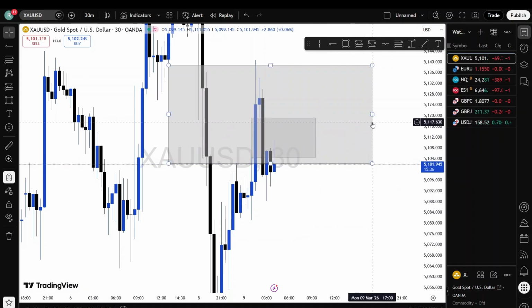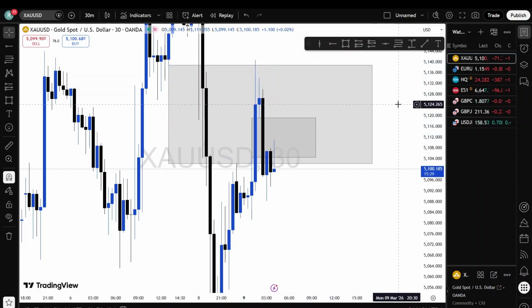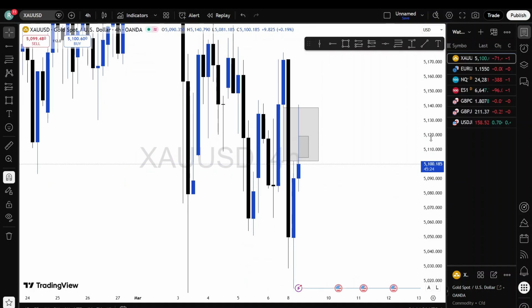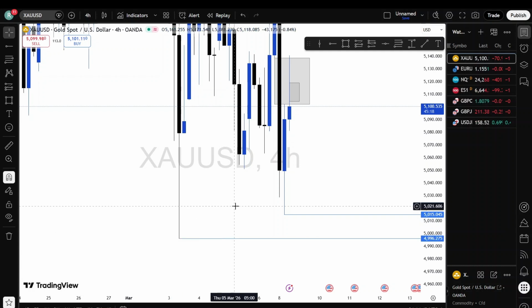If you see in gold, you could argue that I'm not taking selling trade. 4 hour is bearish according to the FVG, right? And daily TP is also not yet hit. This 4 hour TP is also not yet hit the actual TP, right?